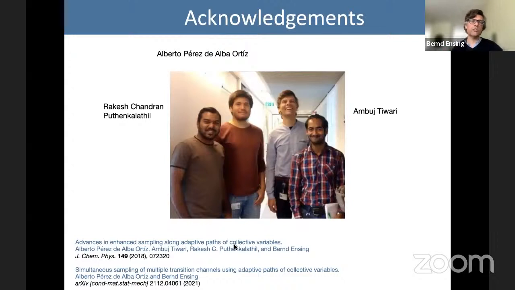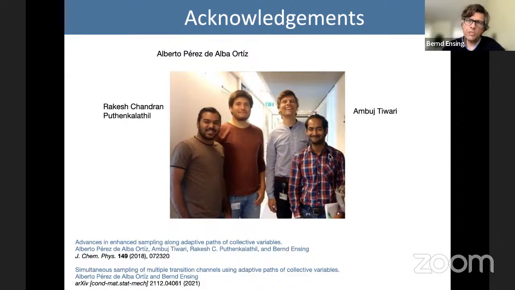Of course, I should acknowledge some people. In the last few years, most of the work that I will be talking about has been done by these three smart guys. This is Rakesh, Puttankalatil, Alberto. He implemented the multiple path and the multiple walker implementation.